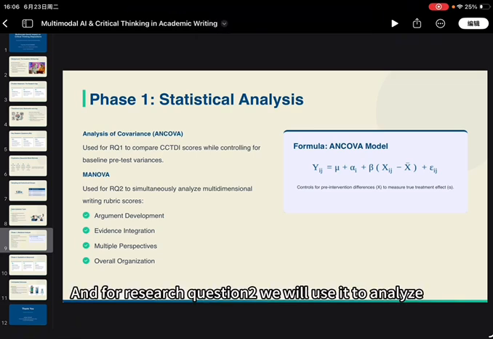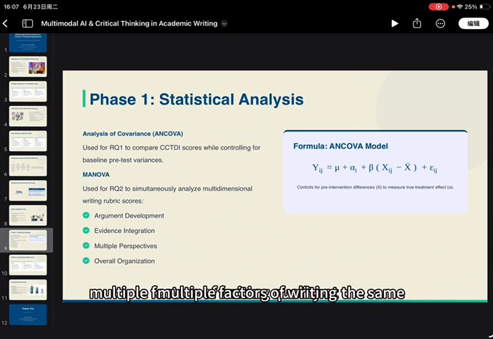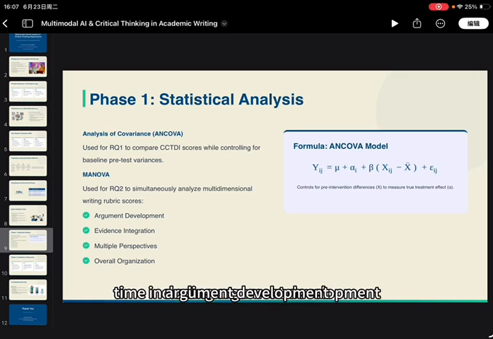And for research question 2, we will use MANOVA to analyze multiple factors of writing quality at the same time, including argument development, evidence integration, and organization.